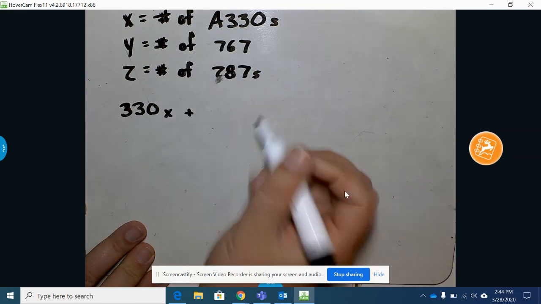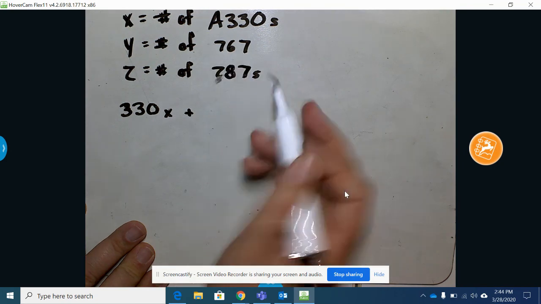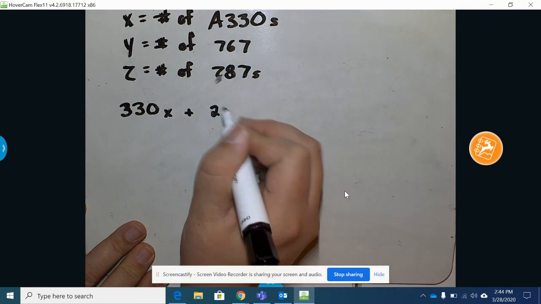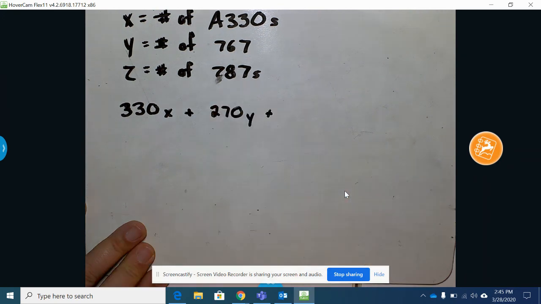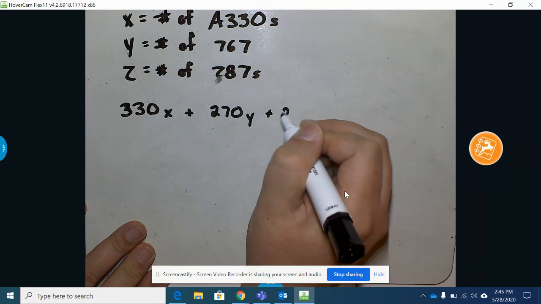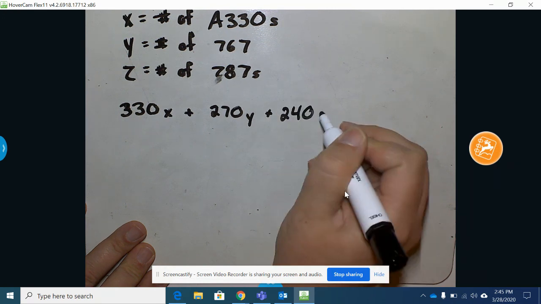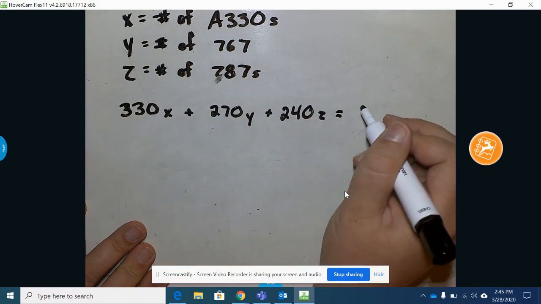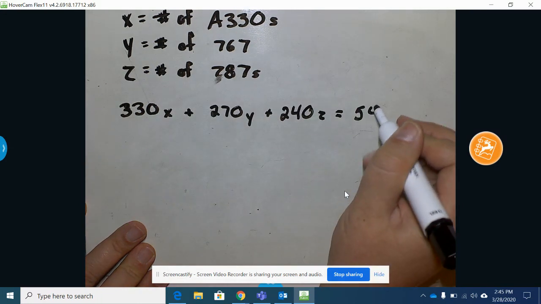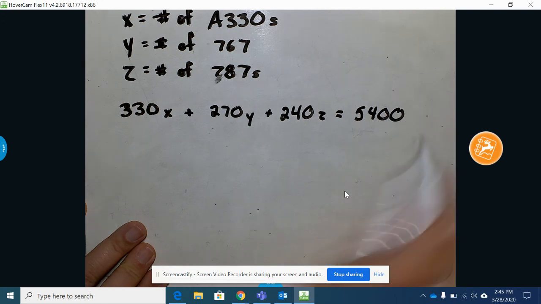And then 767s hold 270 passengers each. And then the 787-9s hold 240 passengers each. Okay, and that brings us to a total of 5,400 passengers at once in their fleet.